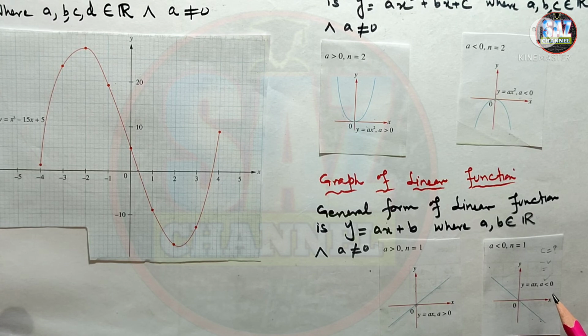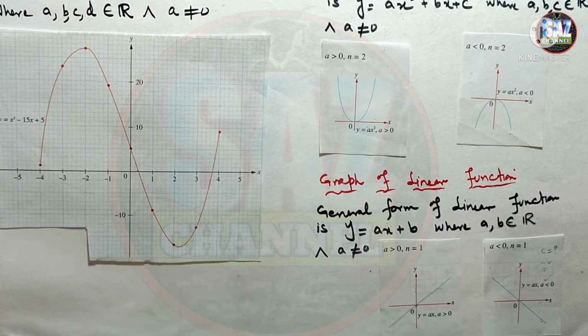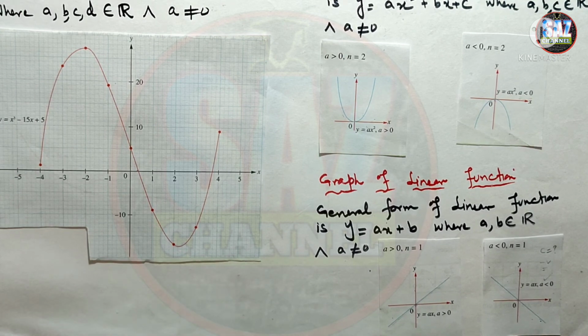If the coefficient of the square term is positive, then the parabola will have the opening upward with the minimum point, and if the coefficient of x squared is negative, then the parabola will have the opening downward with the maximum turning point. And coming to the cubic curve, you can keep in mind that this will be somehow two parabolas, one opening upward and one opening downward, joined together.